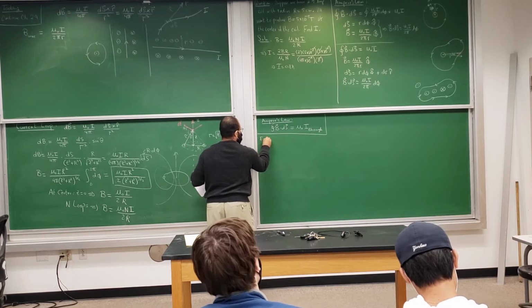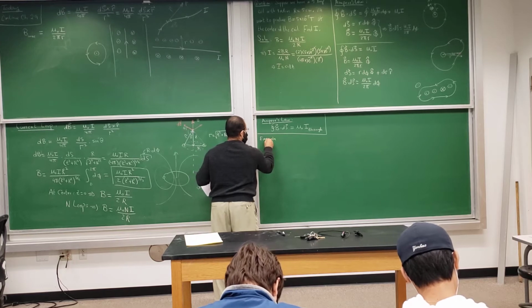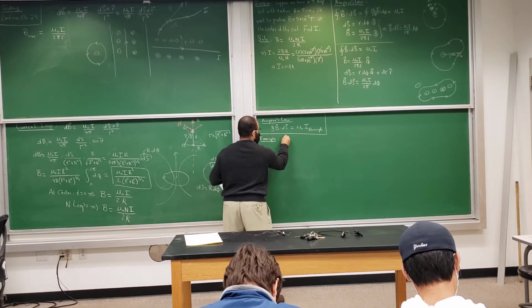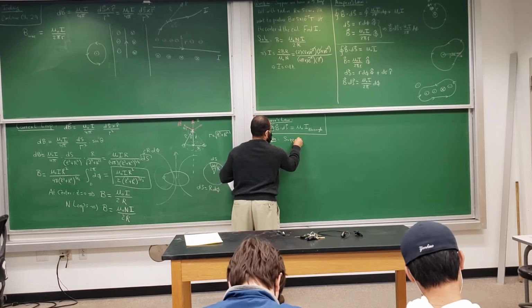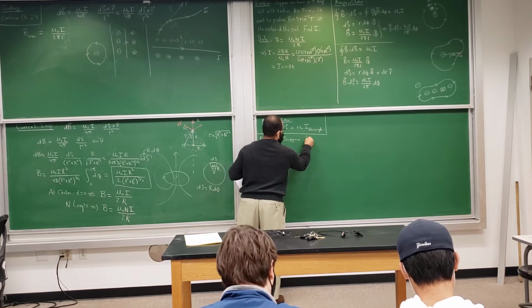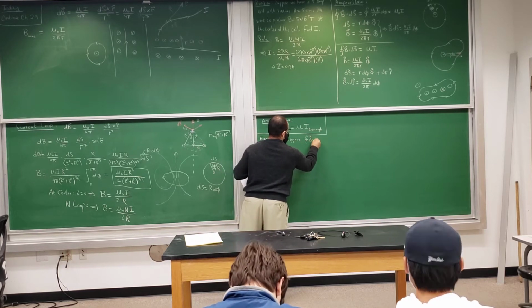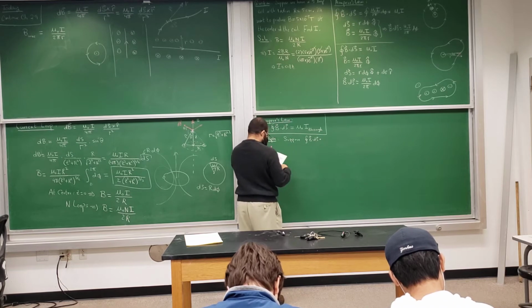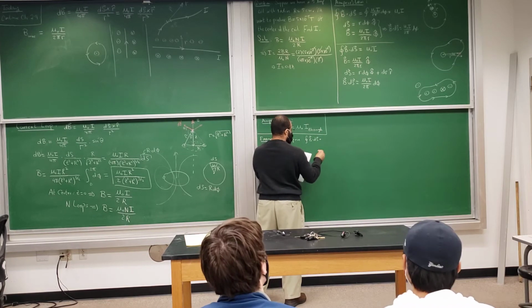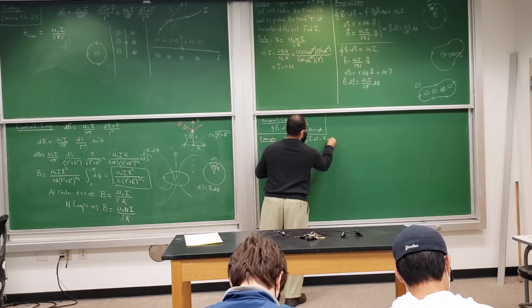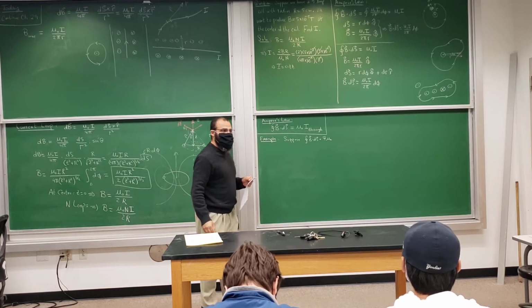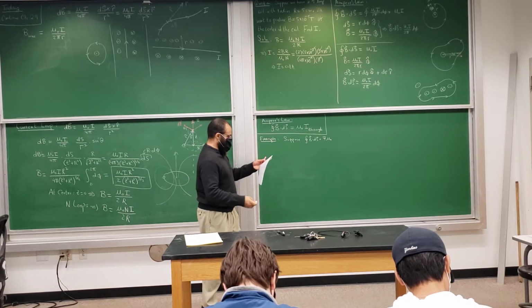Example. Suppose the integral of B dot ds is equal to 7 mu naught. And here is what you have.